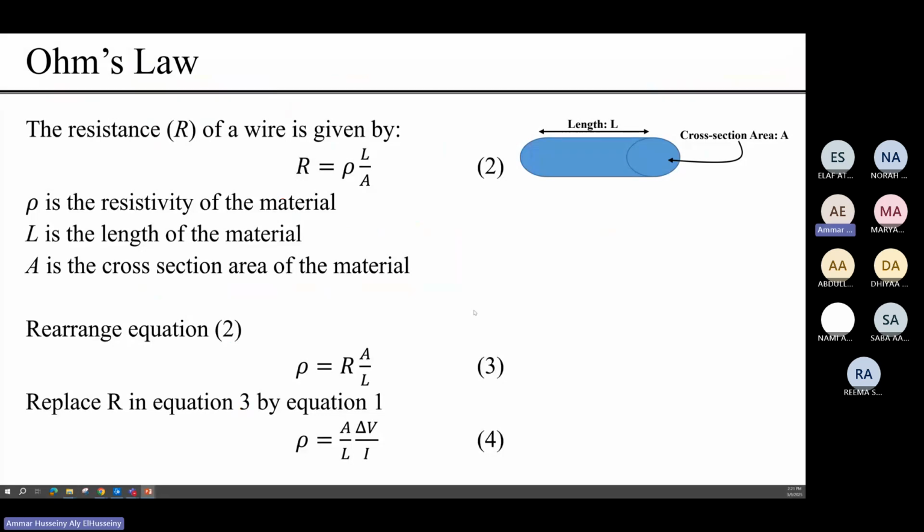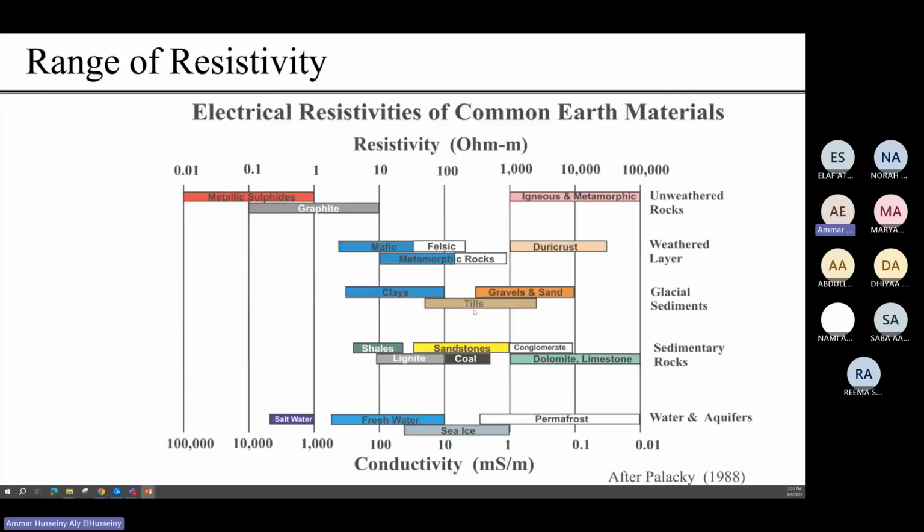So resistance and resistivity. And then you don't have to memorize these, but you need to have an insight about differences. For example, that the salt water is going to be more conductive, which means less resistive, compared to fresh water or ice.